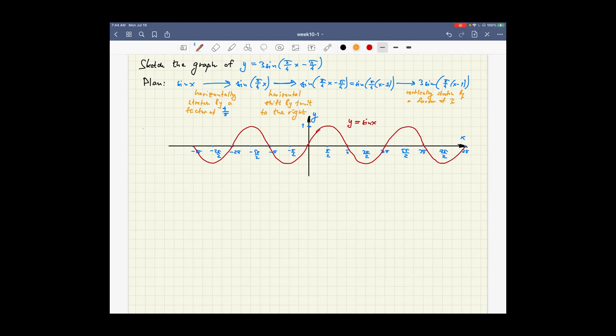So the scale here is 4 squares corresponds to pi, or which is the same, 2 squares corresponds to pi over 2.